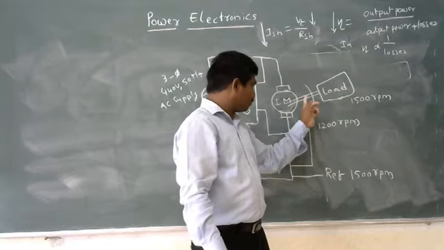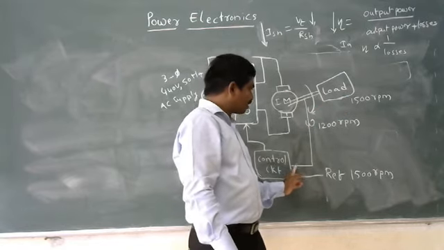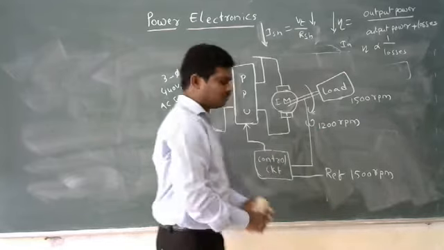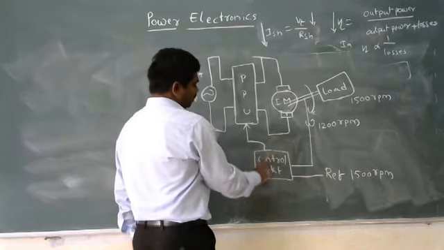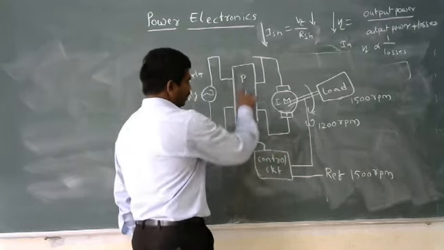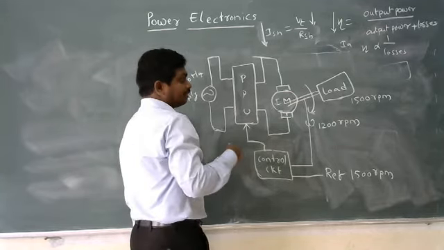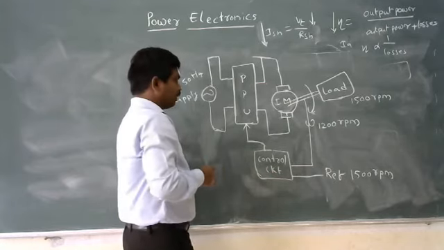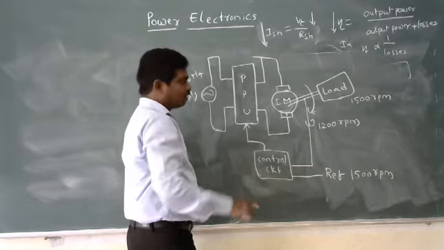Therefore we use one controller here. We compare the 1200 RPM with the fixed value of 1500 RPM, which means there is a mismatch. The control circuit will signal the PPU circuit that the induction motor is not providing the required speed to the load, so I have to change the speed of the induction motor to reach 1500 RPM.